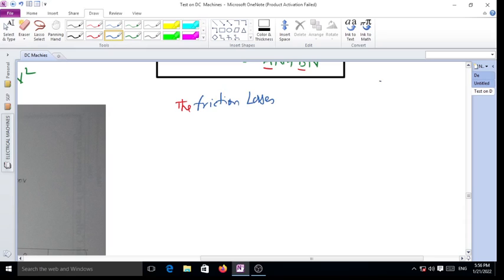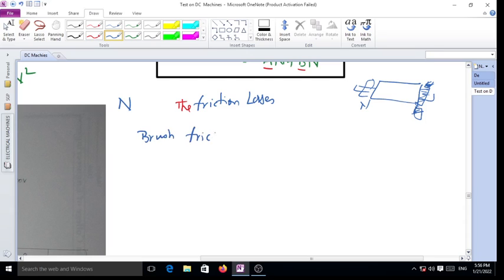In the machine, the rotor has brushes and bearings, and their losses depend upon the speed. So the mechanical loss, brush friction, also depends upon the speed.